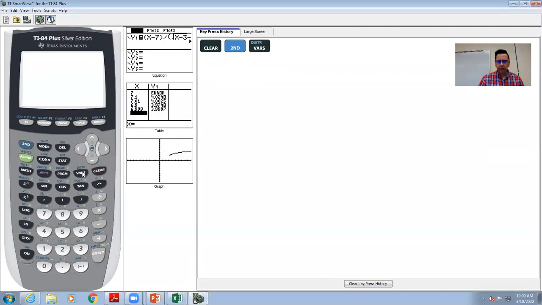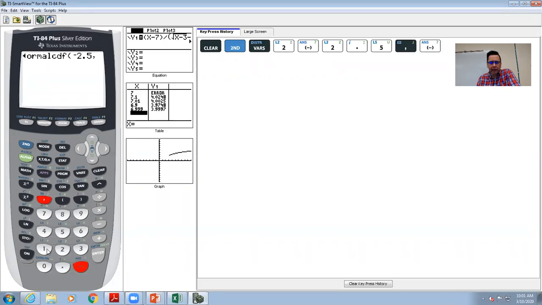So second, VARS. And then select number 2, which is normal CDF, normal cumulative density function. Now, on this particular calculator, the parameters are just the lower limit and the upper limit. And you do have to put them in order. So put the -2.5 first, and then put a comma, and then put the -1.